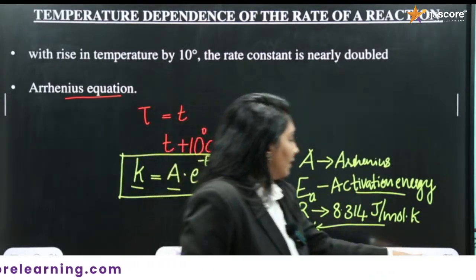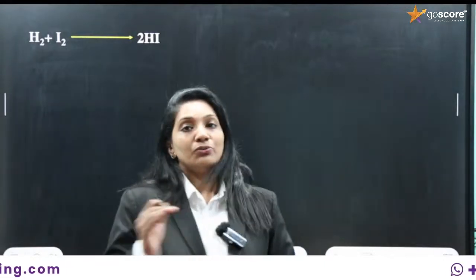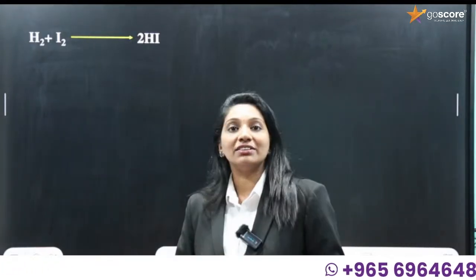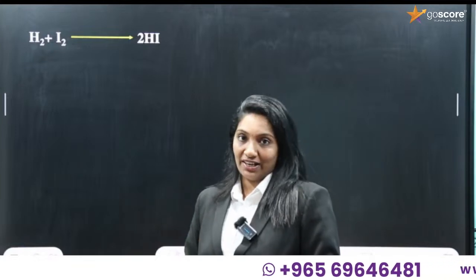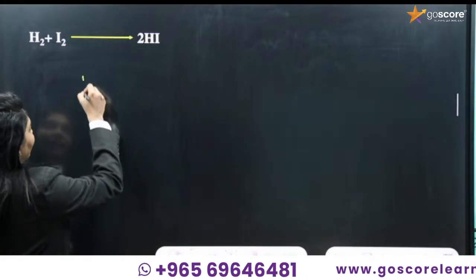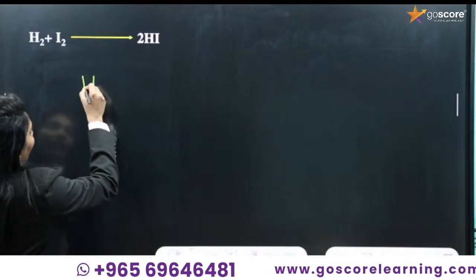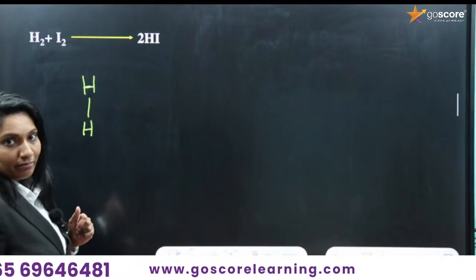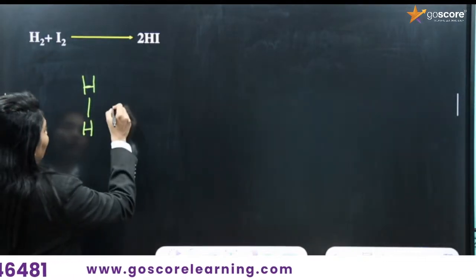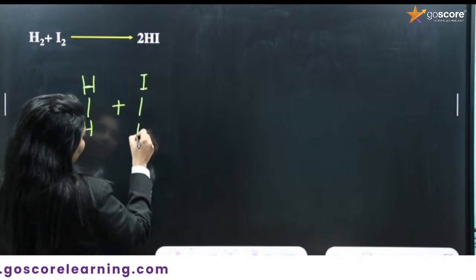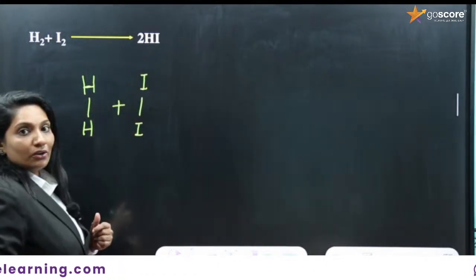Now let's see a particular reaction, where hydrogen combines with iodine to give hydrogen iodide. We can write hydrogen like this: two hydrogen atoms combining to give the hydrogen molecule, which combines with iodine, I2.